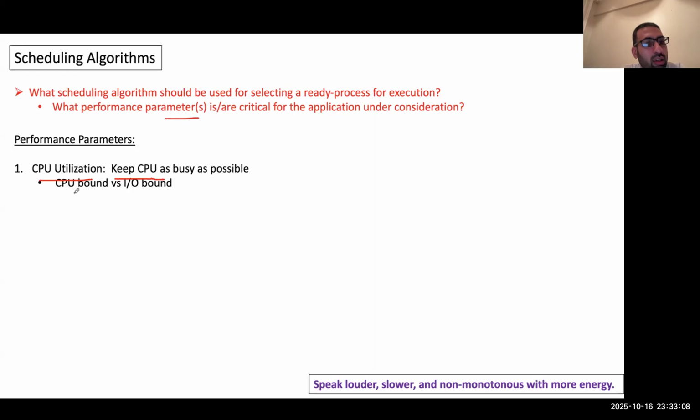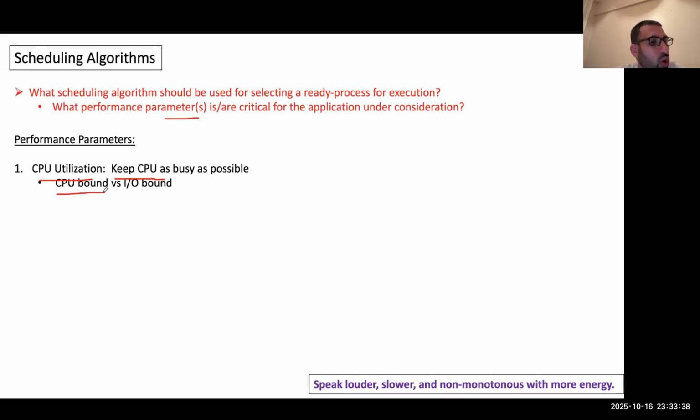Again, it depends not only on the algorithm, but also on the type of the processes which you want to schedule. For example, let's say you have four processes and all of them are IO bound. IO bound means each one of those four processes spends only 10% of its time doing CPU computation and 90% of its time doing IO operations.